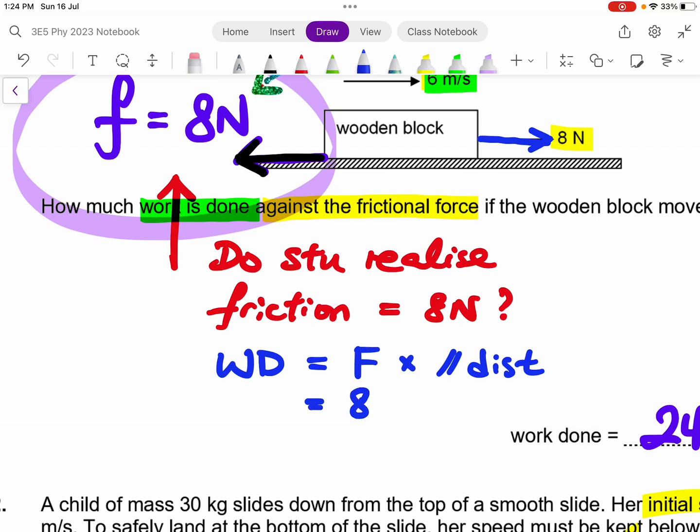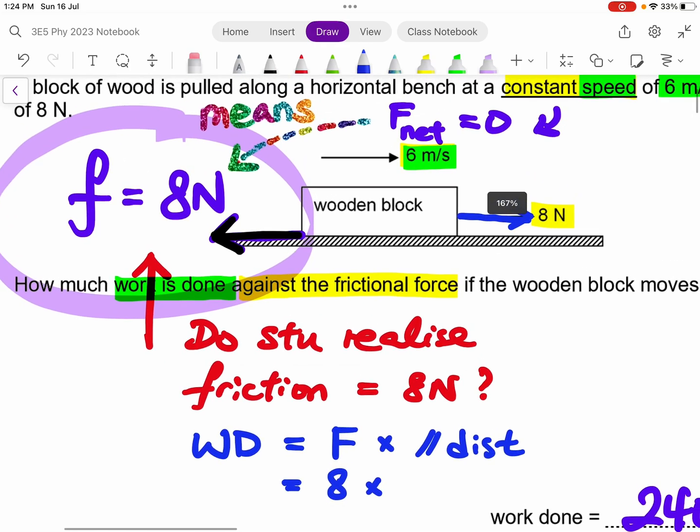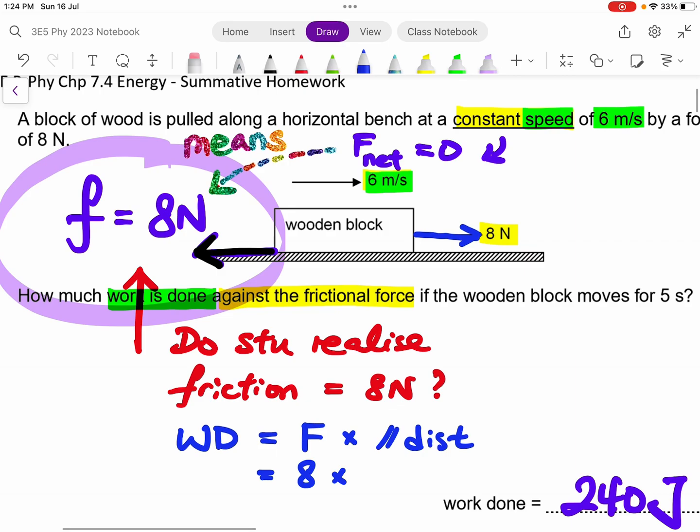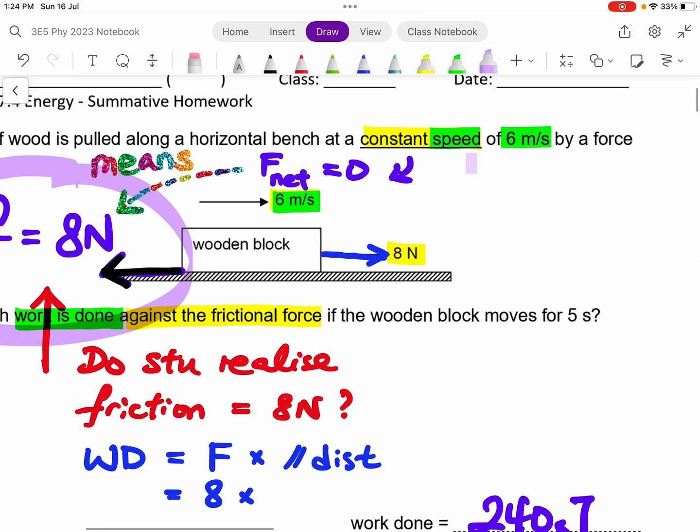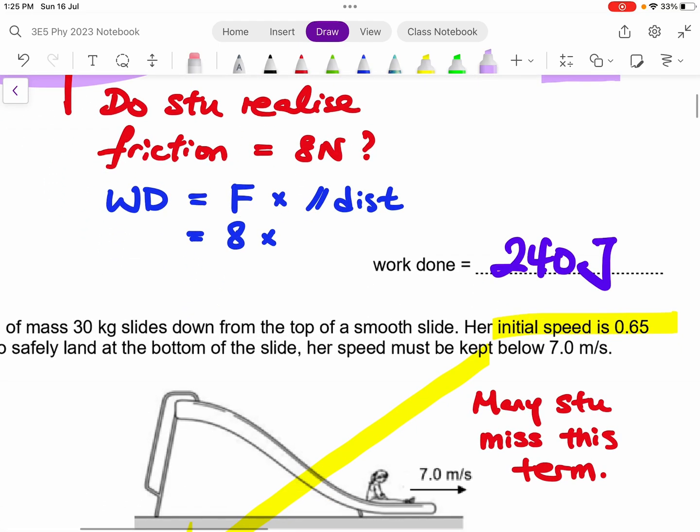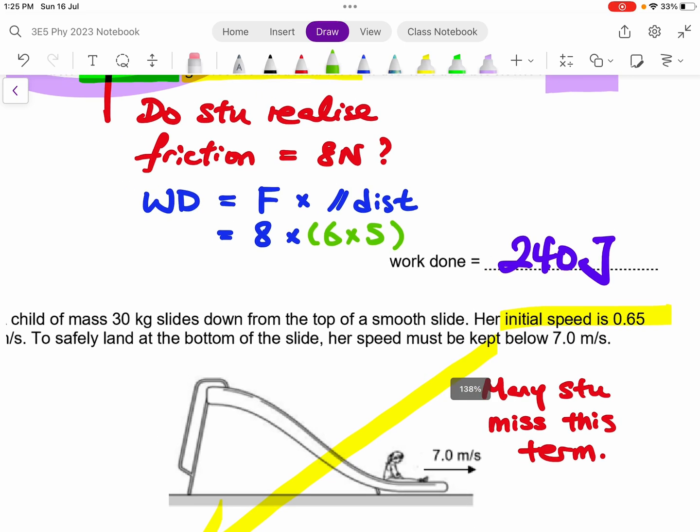And to find the parallel distance, because it is moving at constant speed, and you know that it has been moving for 5 seconds, you can find the distance by multiplying the speed by the time, which is 5 seconds. So if you do this, you will get the work done of 240.